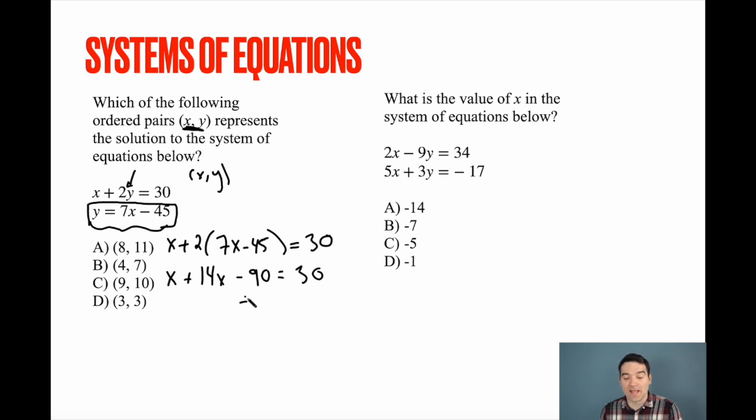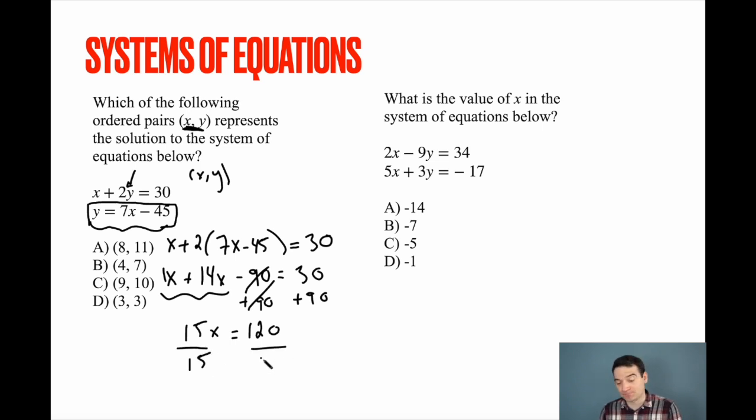I'm going to add 90 to both sides, like that. I'll combine like terms. This is 1x and 14x. So 15x equals 120. And if I divide both sides by 15, I find that the value of x is 8, right?